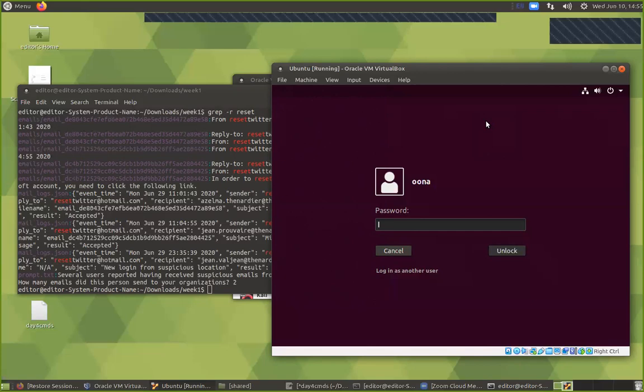Is there an option that tells it, if reset.twitter appears in a file, show it once, or show it and tell me how many times it appears in that file? Yes, there are options that tell you exactly how many times it shows, and it will even enumerate how many lines there are with that specific search result. Is that a -n? Yes, -n, and I believe there's another one.